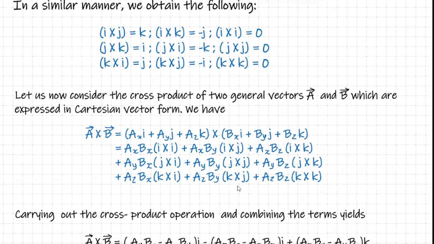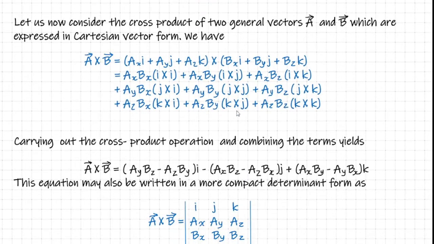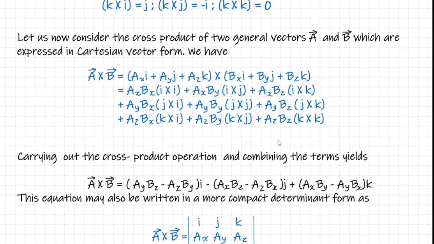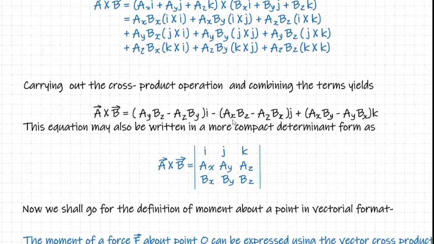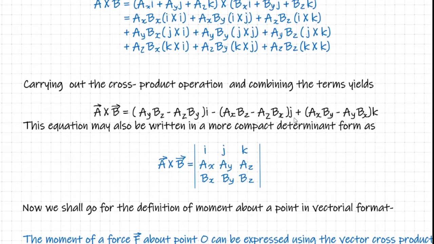Substituting all these results, we can simplify the expression as vector a cross vector b equals (aybz minus azby) i minus (axbz minus azbx) j plus (axby minus aybx) k. And this can be written conveniently in a determinant format.